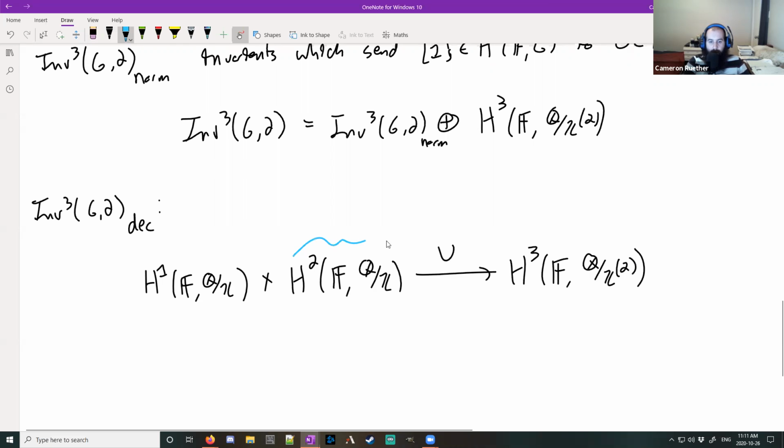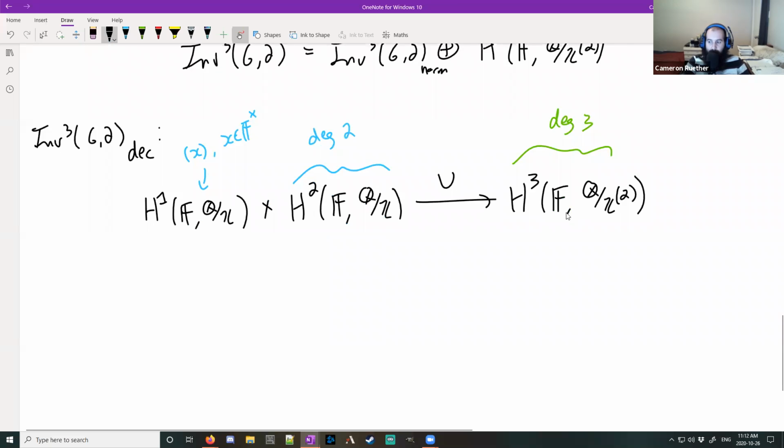And so this is where degree 2 invariants are ending up, and this is where degree 3 invariants are ending up. And in here, we have classes of elements from the field. And so the idea is to take degree 2 invariants, and through this cup product, build up degree 3 invariants.